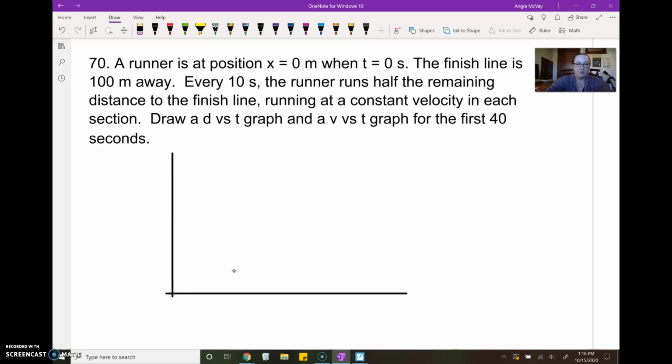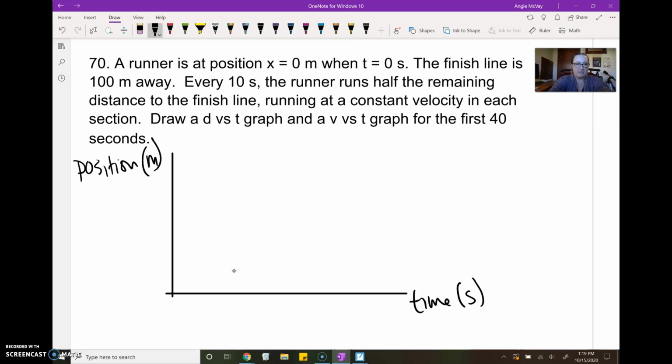All right, so when we're graphing motion, time is always going to be on the x-axis, in the units that they're given in the problem, and position or distance will be on the y-axis in the units given in the problem, so position in meters.